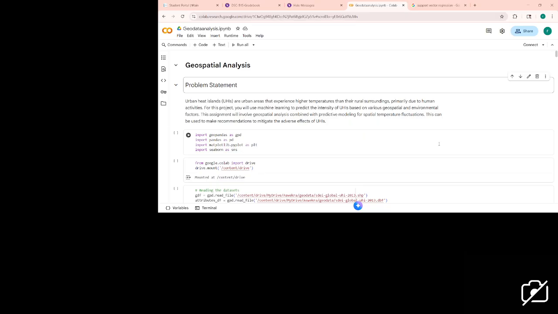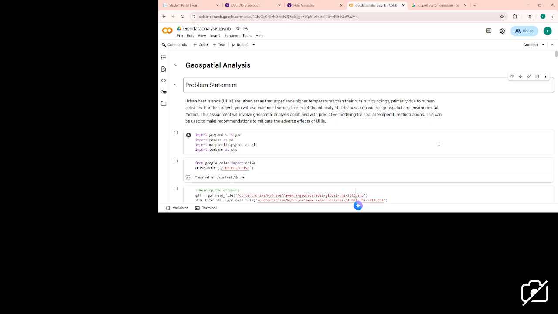This week our major assignment majorly involved geospatial analysis, and we used geodata where we were focusing on prediction of the daytime heat difference and nighttime heat difference, and we were using linear regression.